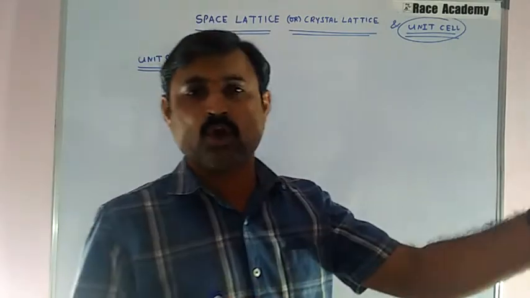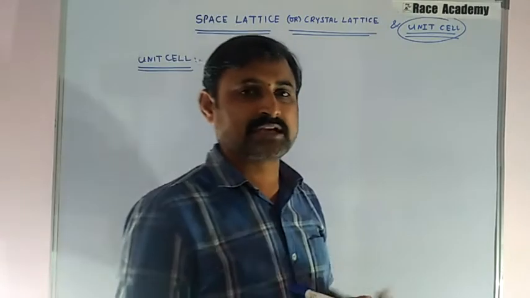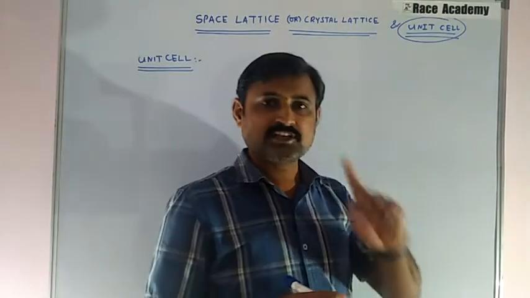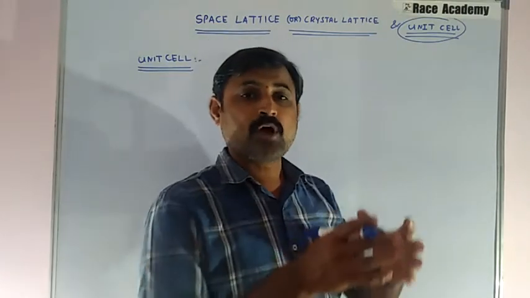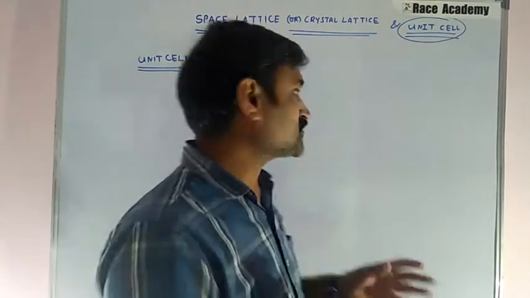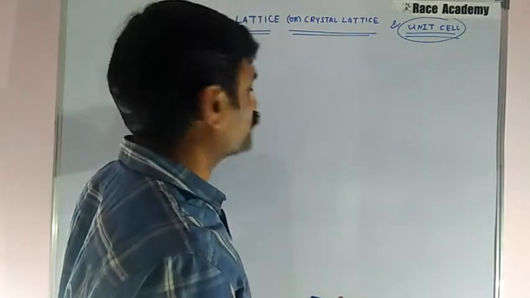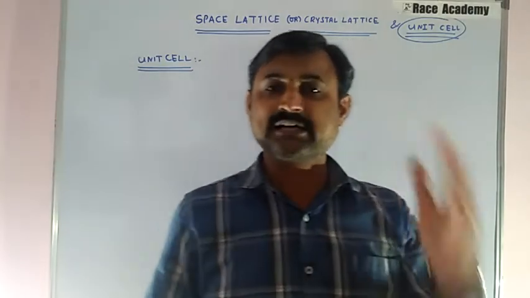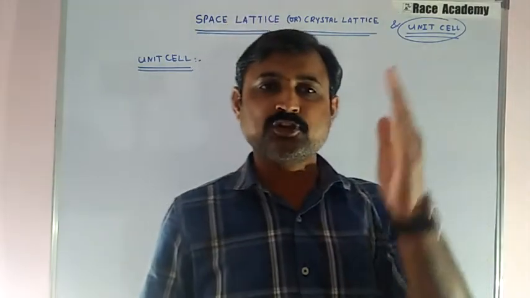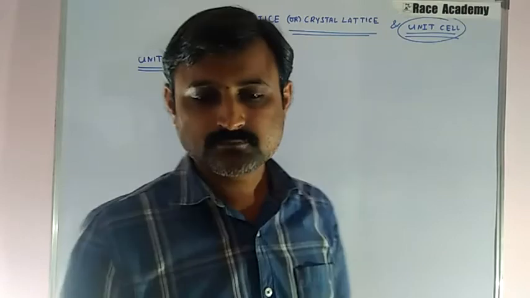Maybe two or more choices are there in the crystal lattice, but the three-dimensional smallest portion made up of lattice points is called the unit cell. That decides the geometry of the crystal. Crystal symmetry and unit cell symmetry should be the same.